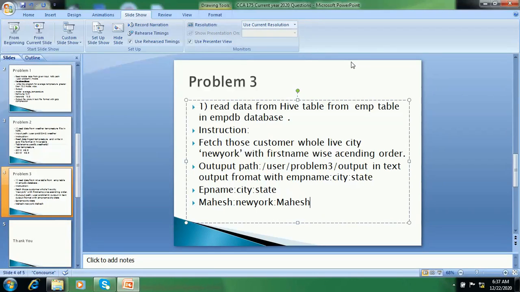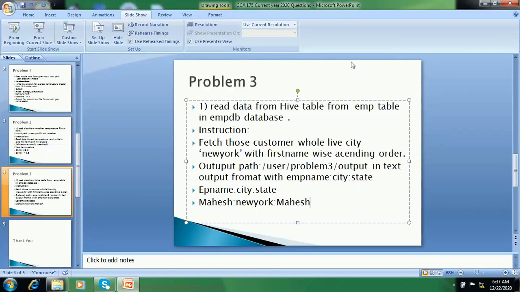After solving all the online questions, check all the directories, because the output paths they give are like user slash problem1 slash output, user slash problem2 slash output, such a pattern. So on HDFS, give the ls command and check the output file format you have written is correct in all the directories, for cross-checking.